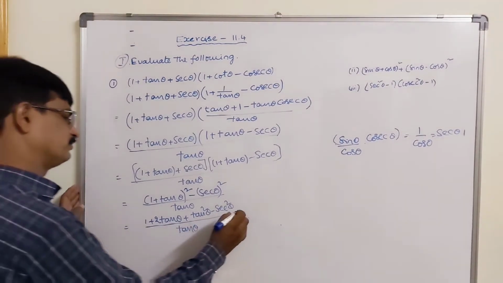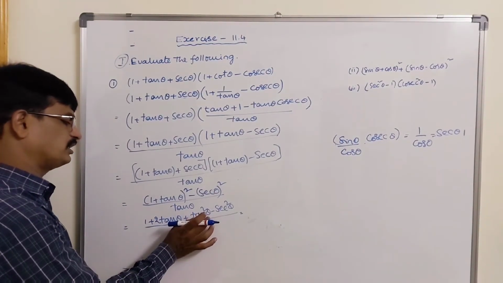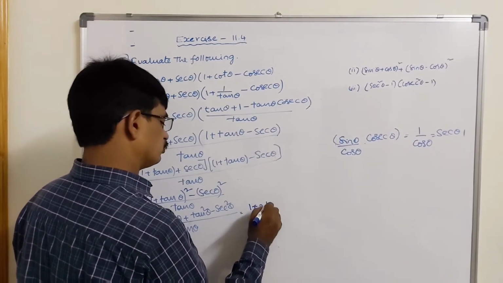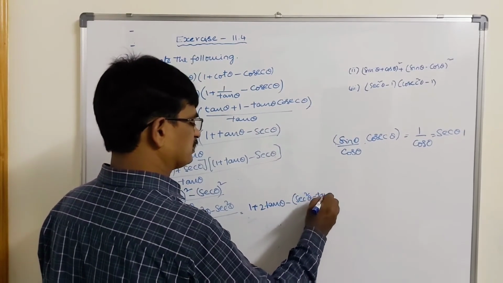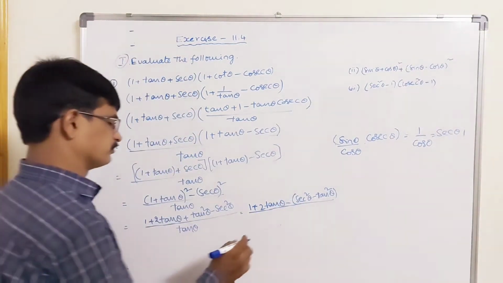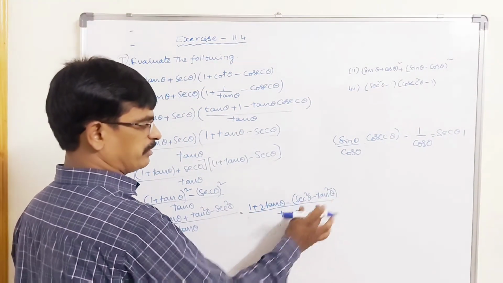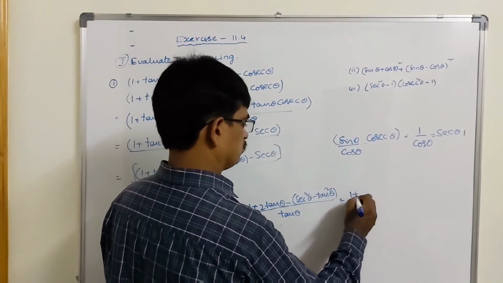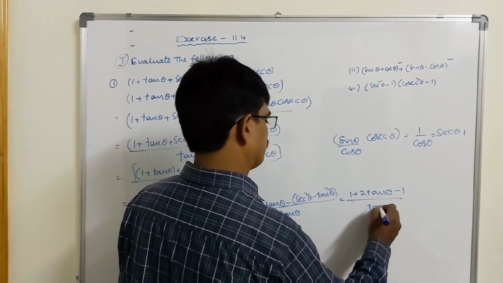Next, here tan square theta minus secant square theta is there. So 1 plus 2 tan theta minus of secant square theta minus tan square theta, by tan theta. Here we took the minus common. But we know that secant square theta minus tan square theta is equal to 1. That is 1 plus 2 tan theta minus 1 by tan theta.